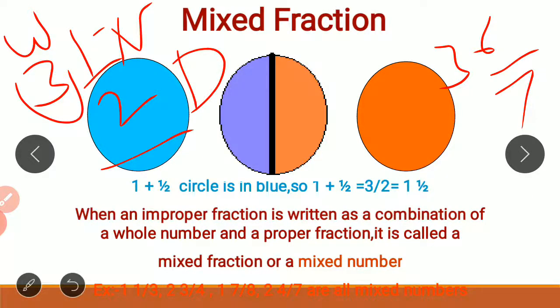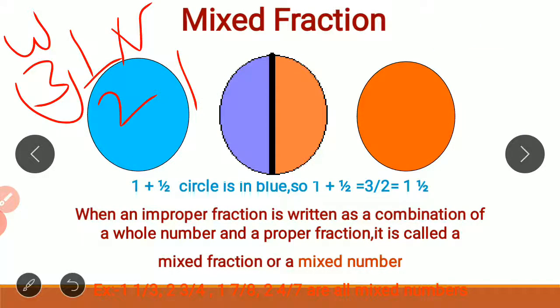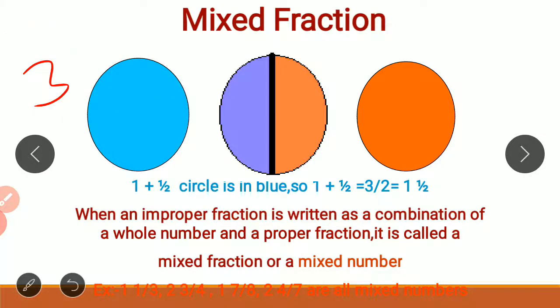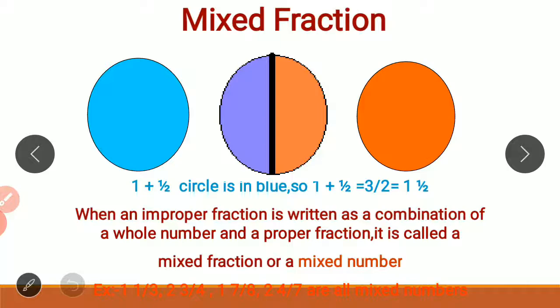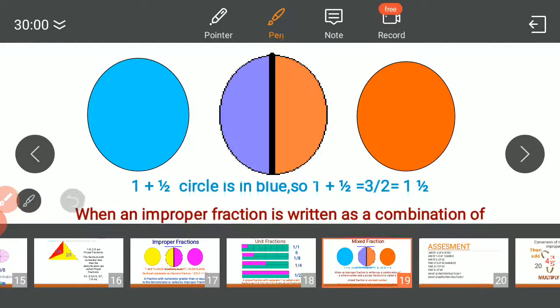In this way you can find the different types of fractions, and in this video we learned about many fractions: like fraction, unlike fraction, proper fraction, improper fraction, mixed fraction and unit fraction. Hope you will like this video. You will learn about fractions by watching this video.